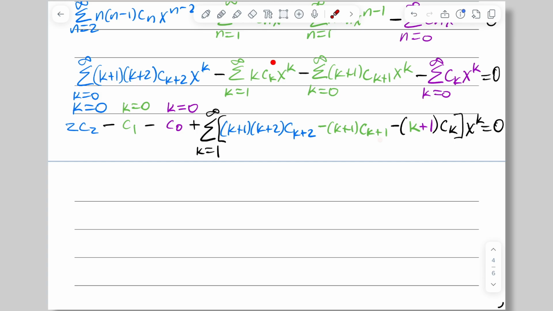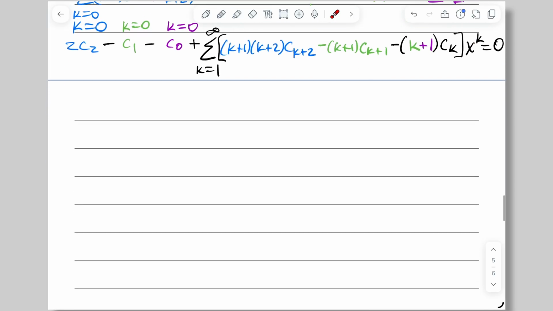And then I combined the c sub k's from two of the sigmas, and we have minus in front of the sum k plus 1 times c sub k. And all of the terms had x to the k, so that's been factored out, and the whole thing is equal to 0. We get two things from this equation.